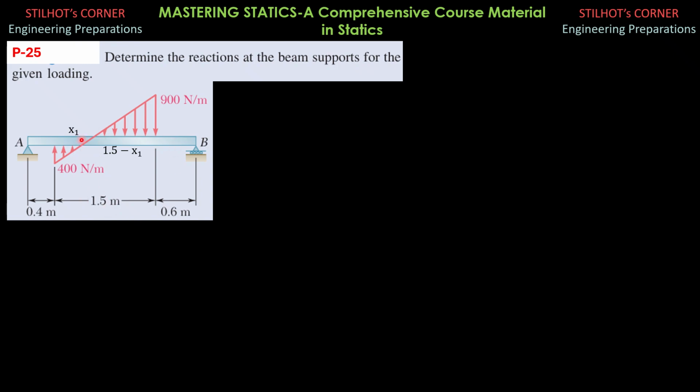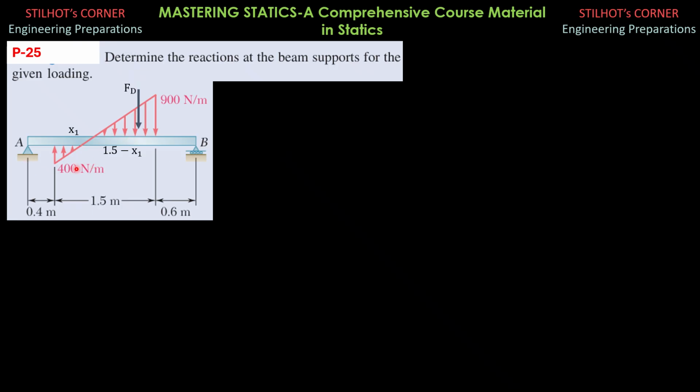Then to solve for x1 by similar triangles, imagine that this is a horizontal line. Then the total loading here is 900 plus 400, 1,300 newtons per meter. Then the distance is 1.5. So AX is 0.